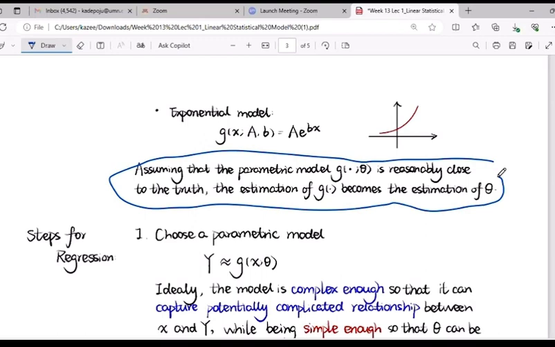That is why we conclude the model is not reality. It's not equal to reality. But a model will give us some picture of reality. Now the estimation of g, which means we need to estimate our target function, becomes the estimation of theta. Why? Because on average, the expected value of our estimate will give us the true value that we're looking for. We've done all of that in this class.